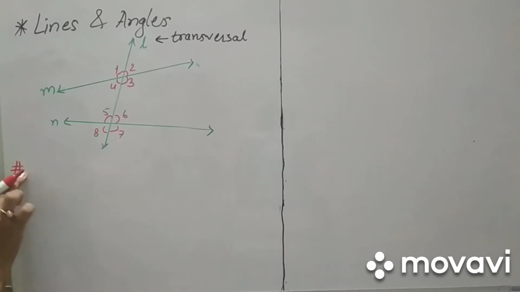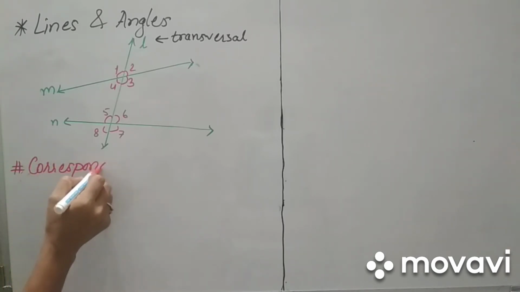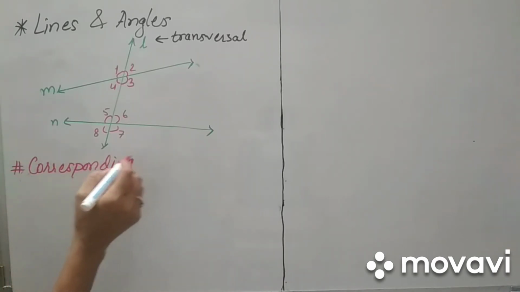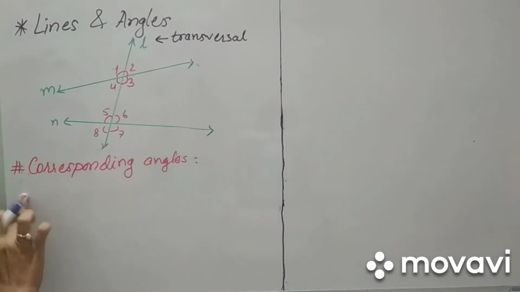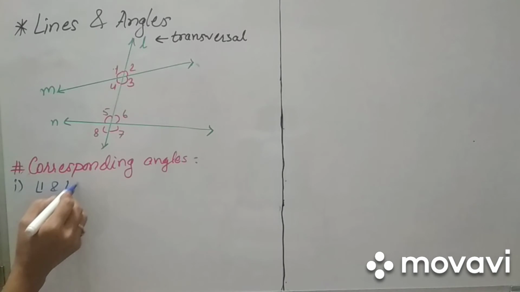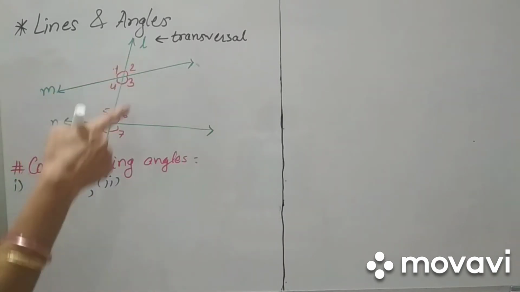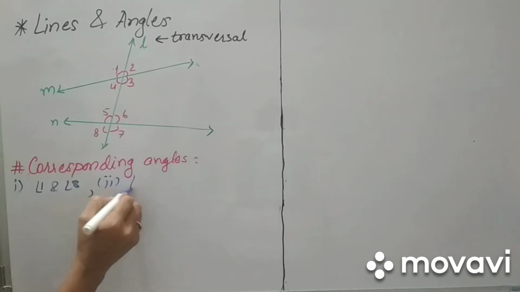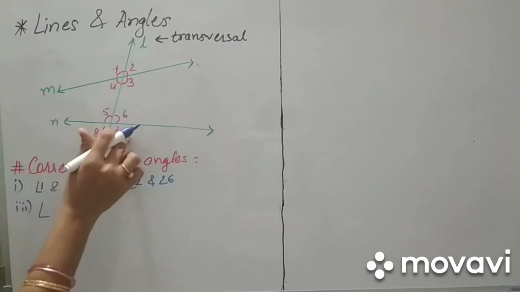First is corresponding angles, I will write it. There are four pairs of corresponding angles. First, angle 1 and angle 5, one pair. Second pair, angle 2 and angle 6. Third pair, angle 3 and angle 7.